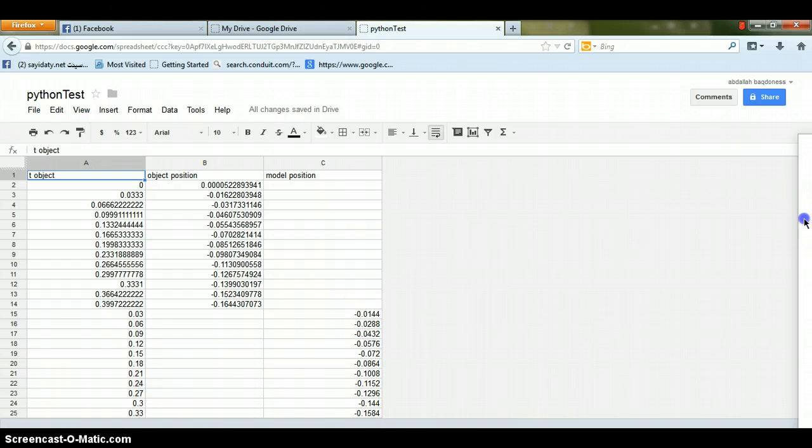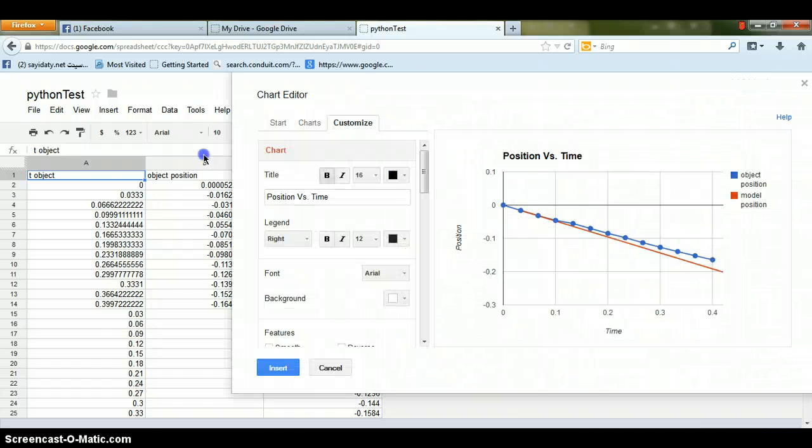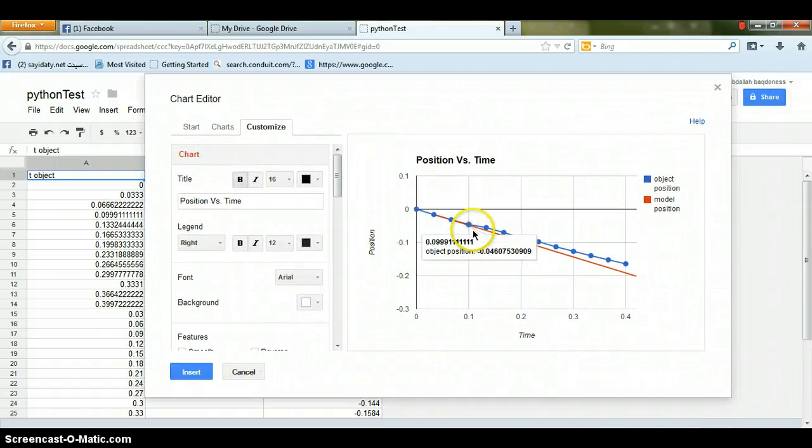Then I created this chart to compare the experimental motion and the model motion. The experimental line is the blue one, and the model line is the red one.